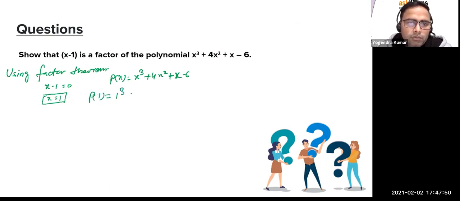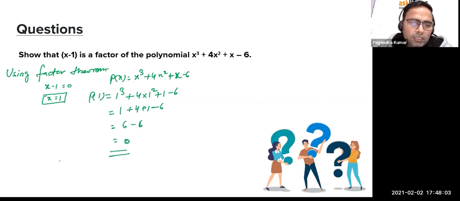So 1 cube plus 4 into 1 square plus 1 minus 6. So 1 plus 4 plus 1 minus 6, which is 6 minus 6, which is 0. As it is 0, x minus 1 is a factor of p of x.